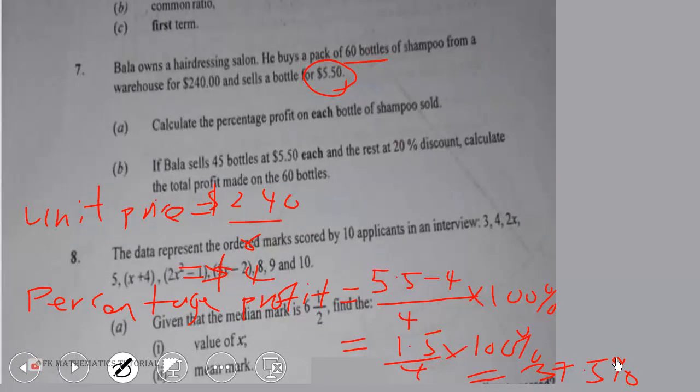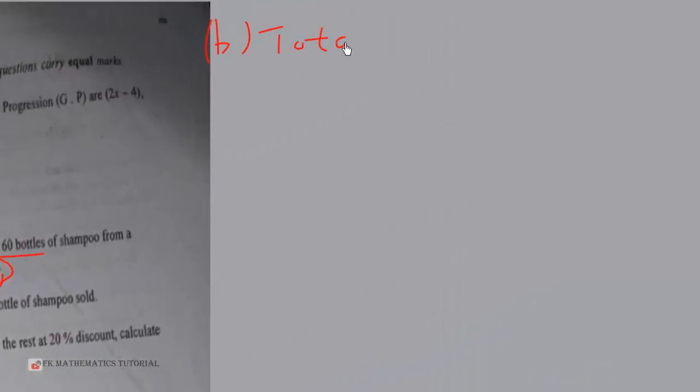Then the B part says that, so this is the A part. The B part says that if Bala sells 45 bottles at 5.5 each, so total sales made will be equal to 45 times 5.5 plus.